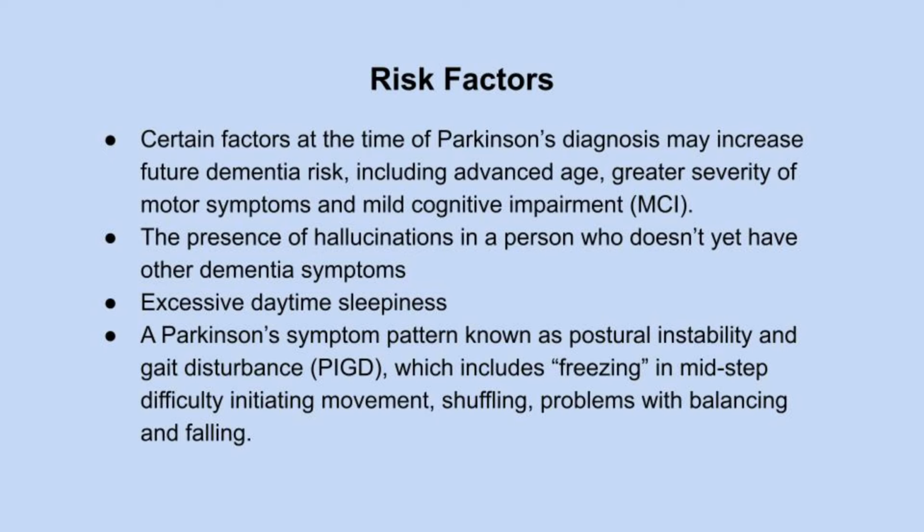Also, excessive daytime sleepiness, and a Parkinson's symptom pattern known as postural instability and gait disturbance, which includes freezing in mid-step, difficulty initiating movement, shuffling, and problems with balancing and falling. All of these may indicate a future risk of dementia.